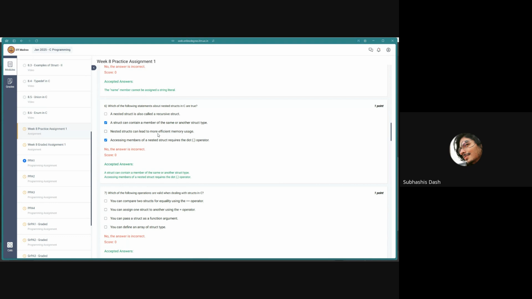Actually, no, there are situations where we would want to compare two structs, but we don't generally do that. We just take the components we want to compare and do that. Okay, it means we have to compare the elements inside the struct one by one.